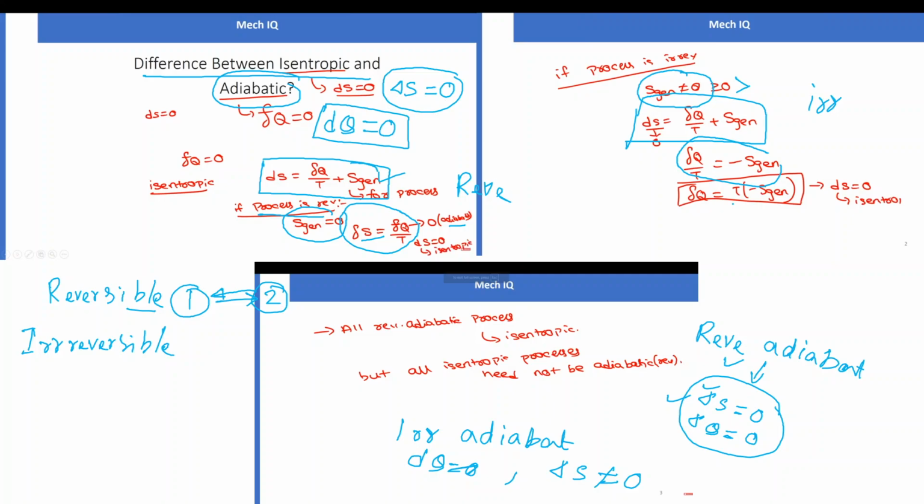So dq equals T into s generation. In an irreversible isentropic process, ds equals 0, but dq does not equal 0; dq has a value, which is temperature multiplied by minus the entropy generation. This is the most interesting part of thermodynamics.